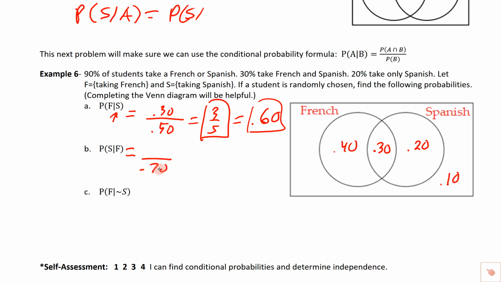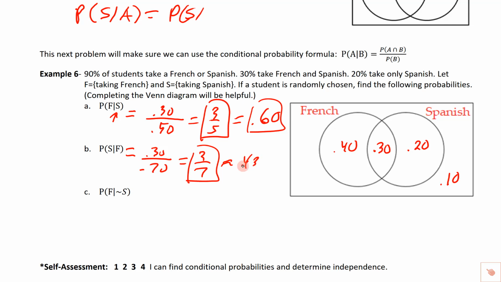Okay, so 70%, so 0.70, and we want the ones that are taking Spanish, so what is it? 30%. Yeah, 30%, so this is gonna be 3/7. Not a very convenient one, what is it? 43%, so approximately 43%. Okay?